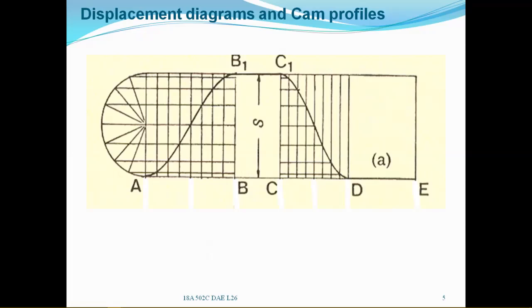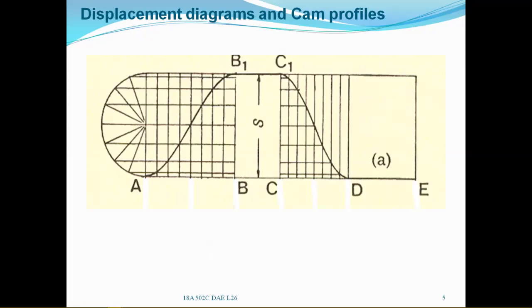Sometimes we may have a dwell period in between the outstroke and return stroke, we may not have, but always in all the displacement diagrams and all the cams will have both outstroke and return stroke.